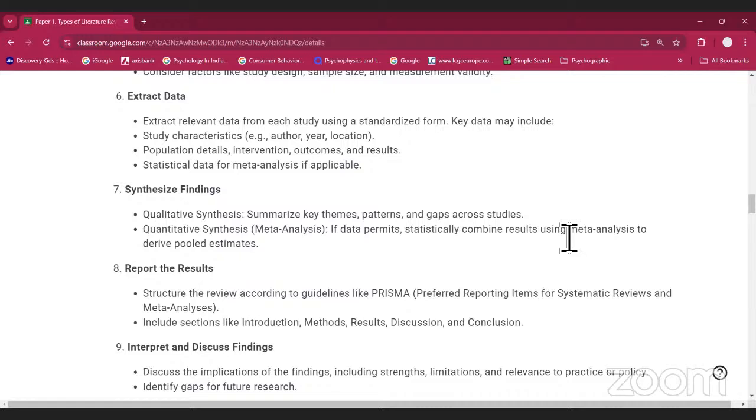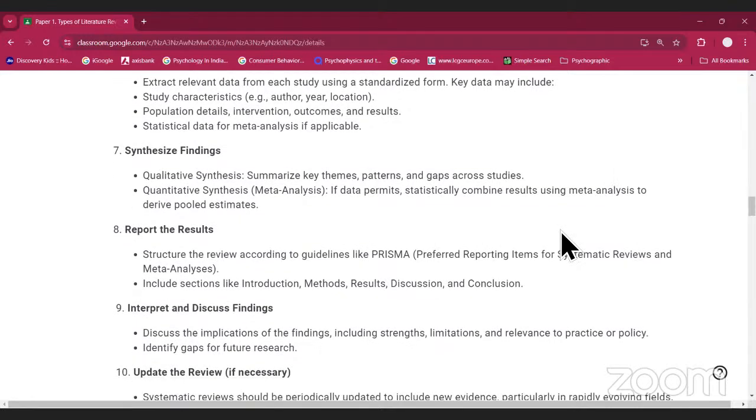Report the results. Structure the review according to guideline like PRISMA, preferred reporting item for systematic reviews and meta-analysis. Include sections like introduction, methods, result, discussion, and conclusion.